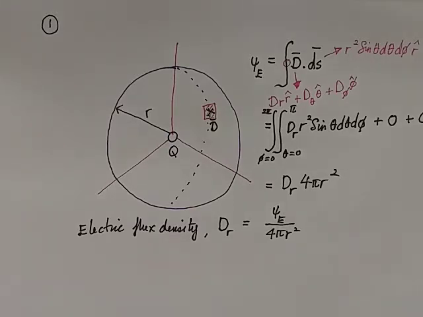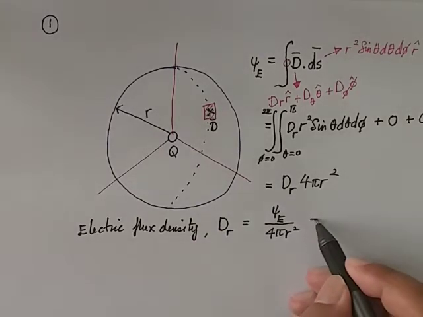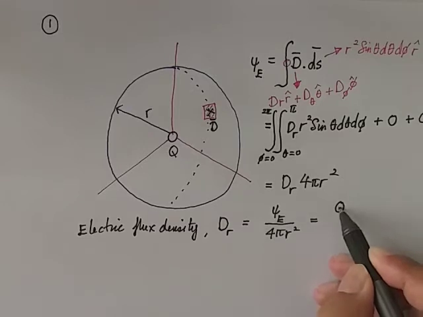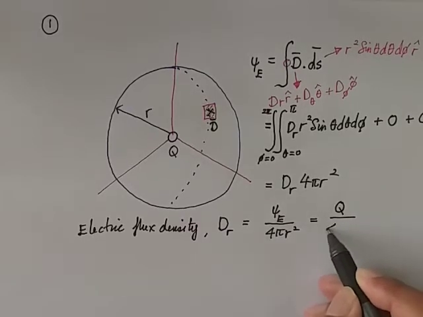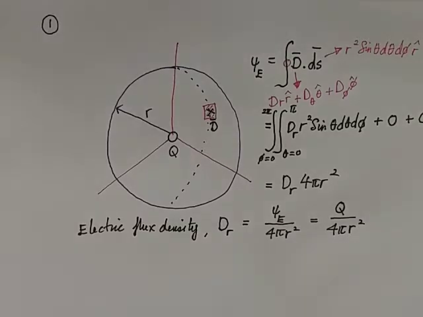change it slightly. We already know based on Faraday's proposal that the number of flux lines is actually equal to what? Yes, Q. So with that argument, the flux line now becomes Q divided by 4 pi r squared.